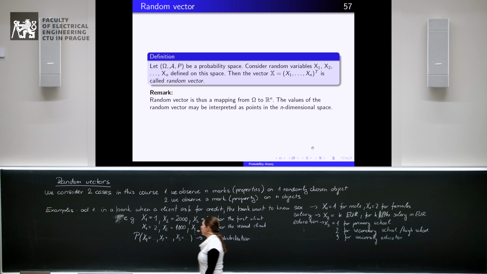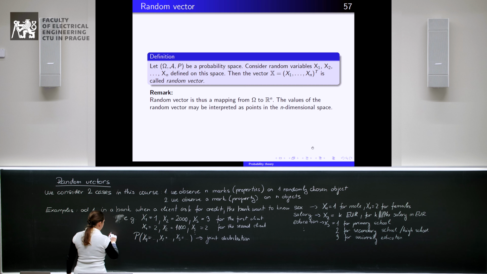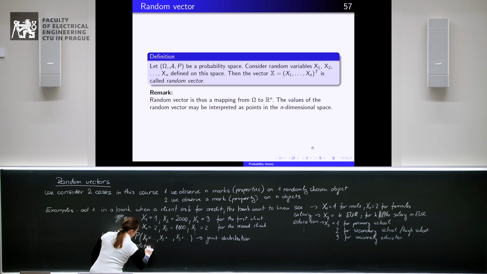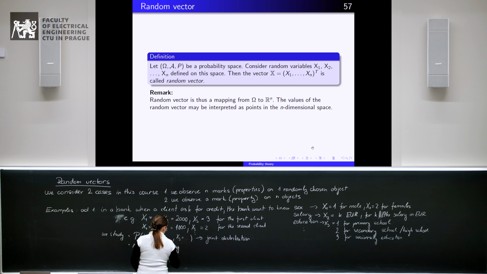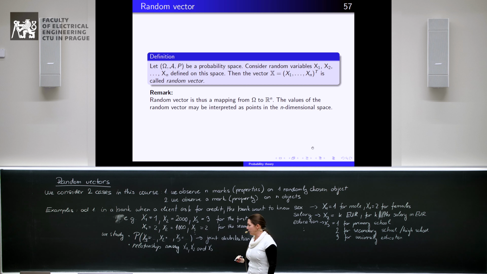And we are also interested in some relationships among the random variables which form the vector. And so that's the aim in the first case.